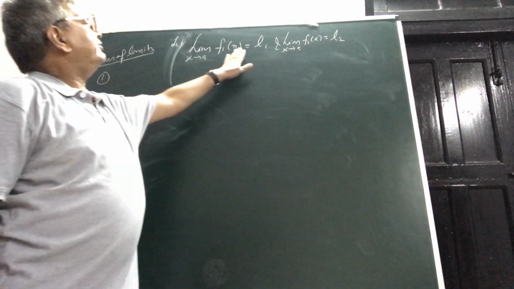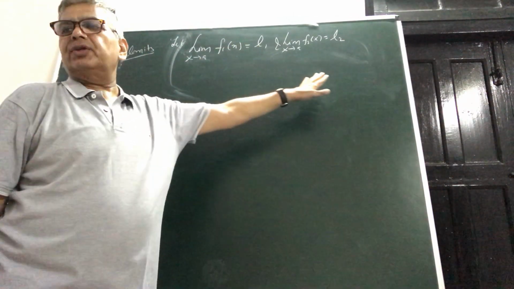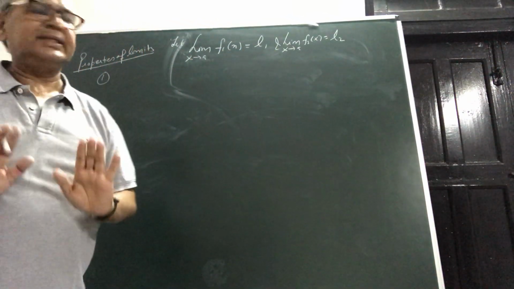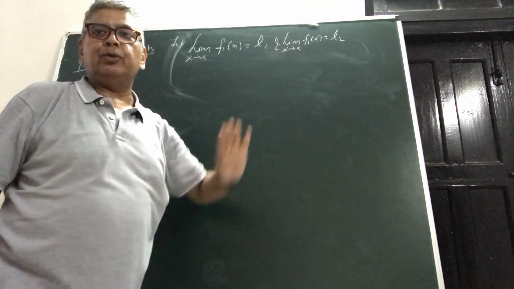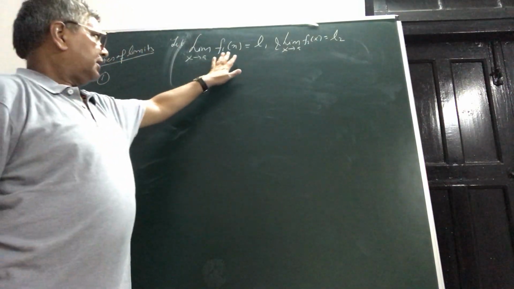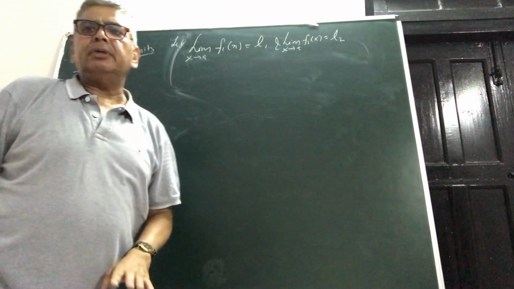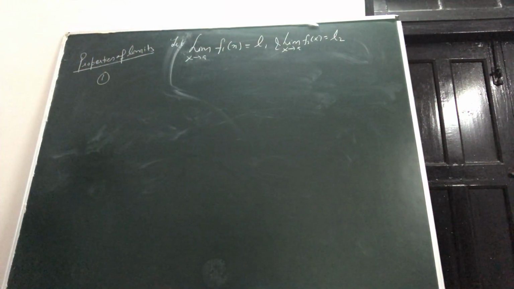So this thing you have to understand. So here, when we are saying that individual limits of these functions, when x approaches a, they exist and they are respectively L1 and L2. Further, what it shows is that both f1(x) and f2(x) have a common domain.